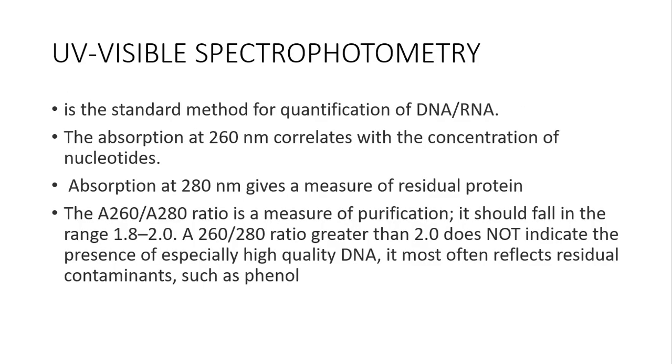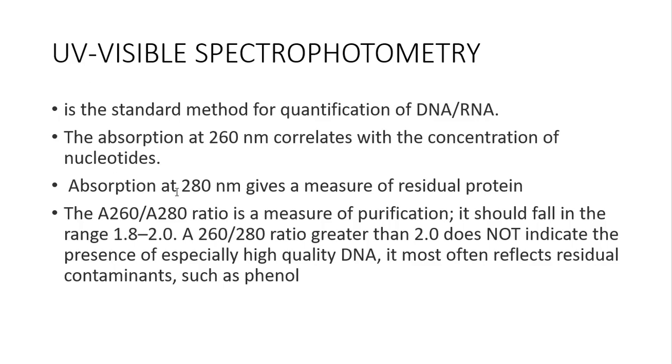Now take the 260 to 280 nanometer ratio. Let's say I have extracted my DNA and I want to check its purity. If more protein or phenol contamination from the extraction is there, we will be able to analyze it by the 260 to 280 nanometer ratio in UV spectroscopy.